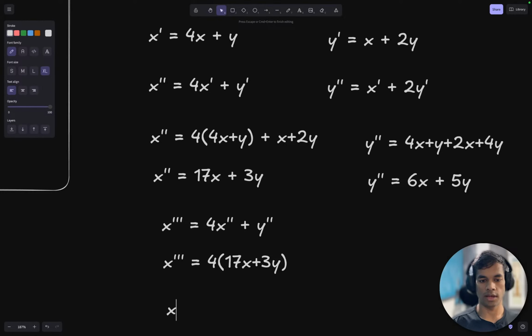And if we extend that, we get 68x plus 12y. Oh, there is also plus y. My bad. Plus y double dash, which is 6x plus 5y. And if we add 6 to this number, we will get 74. And if we add 5 to this number, we will have 17.